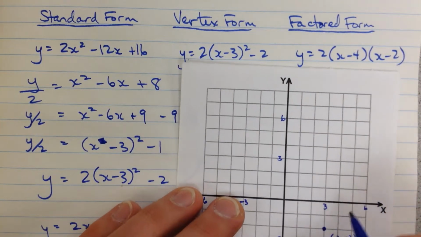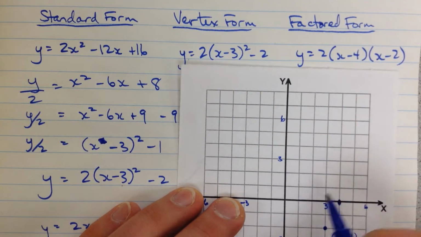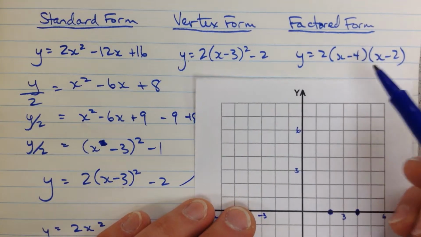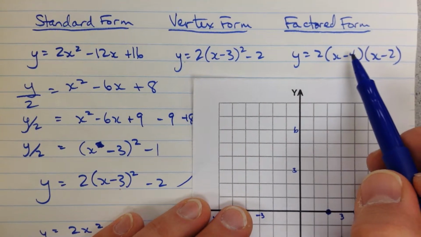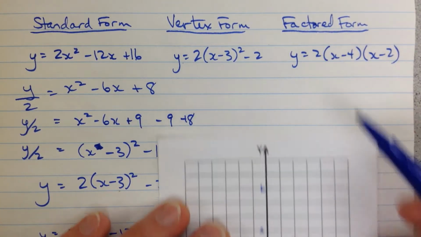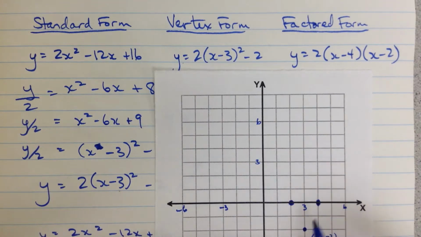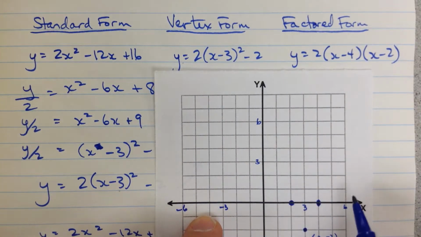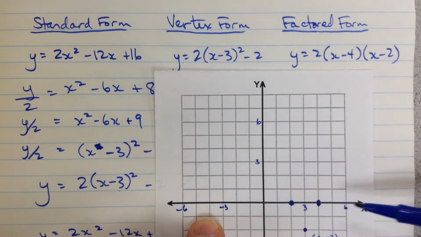What I want to point out, maybe I'll do that, I'll first do the first couple of points, one on each side. I want to point out in the factored form I can read this as well. If you use the factored form here, in order to intercept or intersect the x-axis, that happens whenever y equals 0. That's what that means. That's what the axis is for.